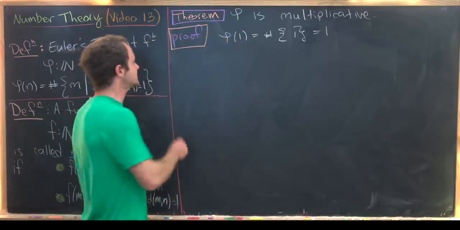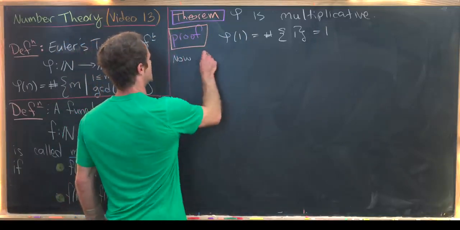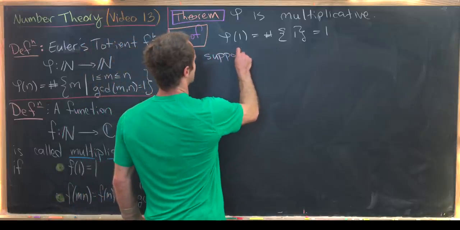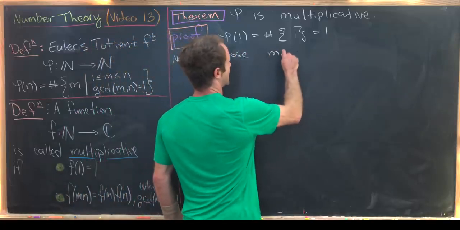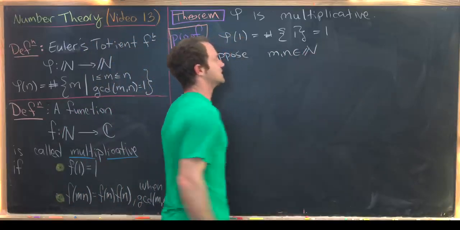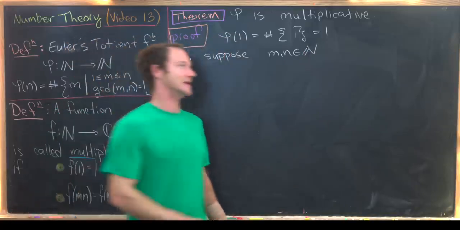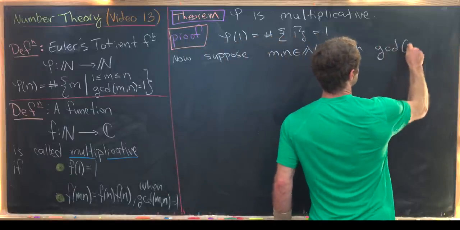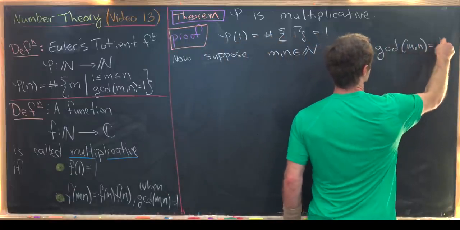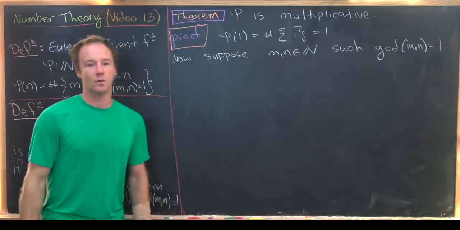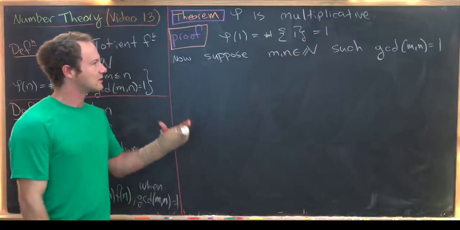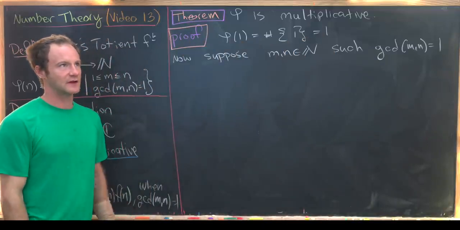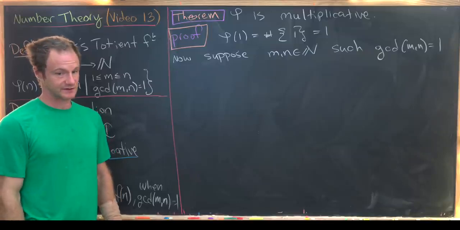Okay, so now we want to suppose that we've got a pair of relatively prime natural numbers. So I'll call them m and n. And like I said, they're relatively prime, or in other words, their GCD is equal to 1. And now let's recall in the last video, we had the notion of a reduced residue system.